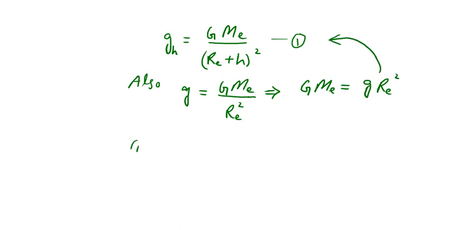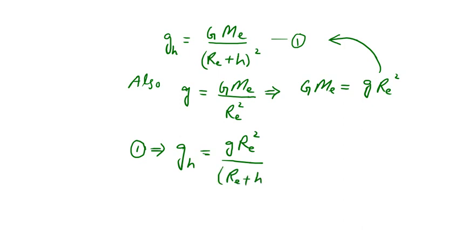So equation 1 can be written as g with altitude equals g, the gravitational field strength on the surface of the earth, times the radius of the earth squared, over RE plus h, or altitude, in whole square.